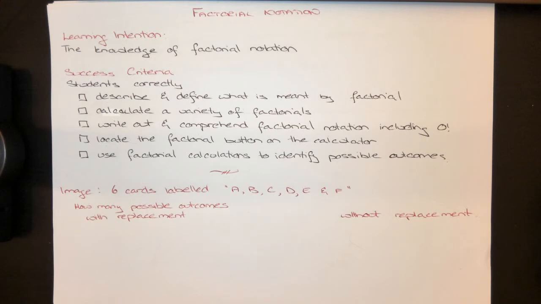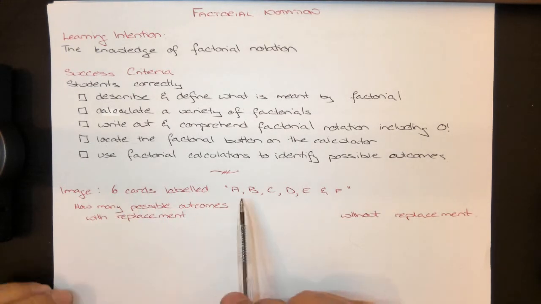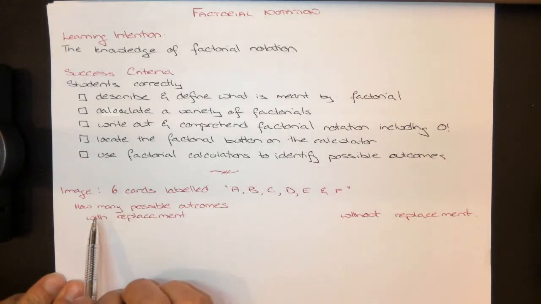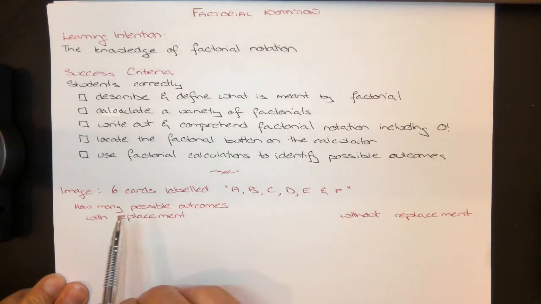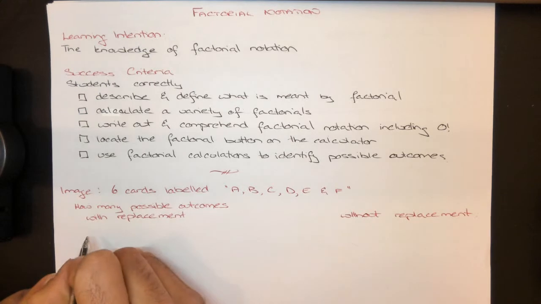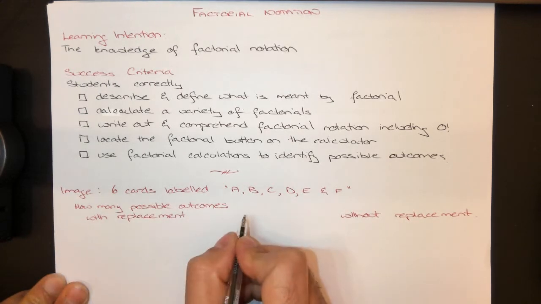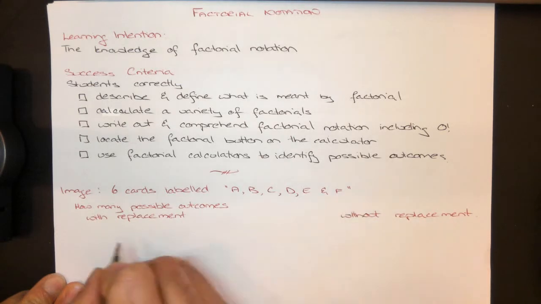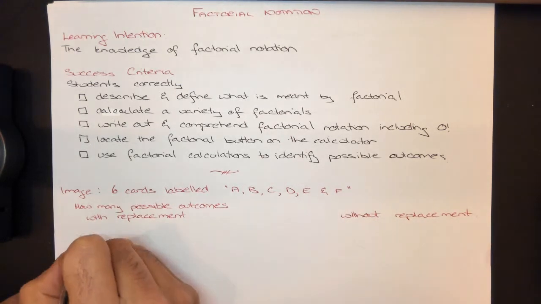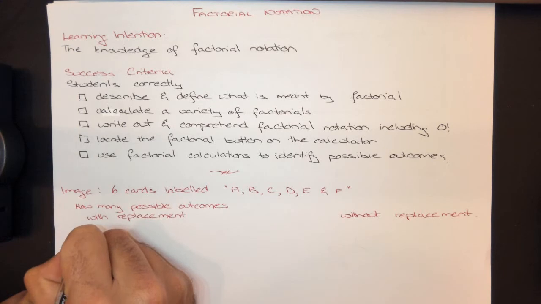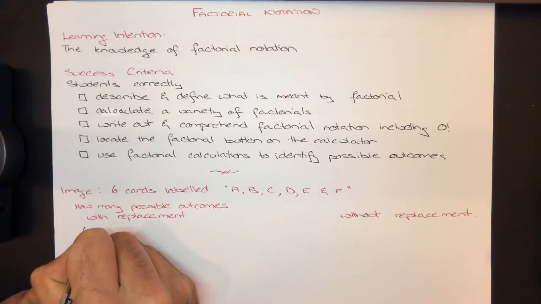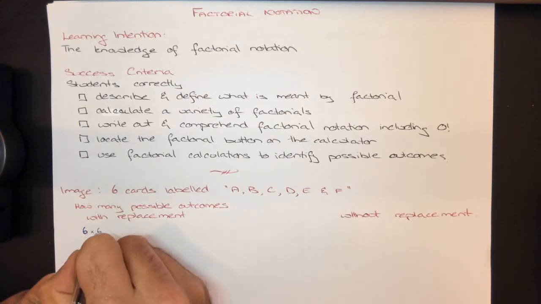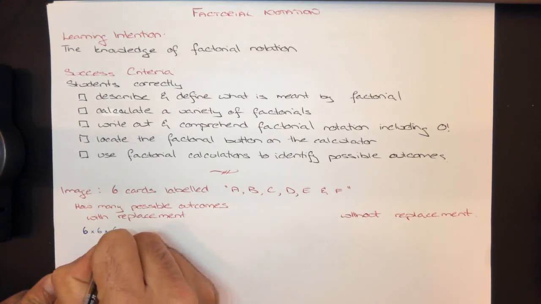Okay, so imagine that we have 6 cards, A, B, C, D, E, and F, and we want to find out how many possible outcomes with replacement. So if we place the cards back, if I could have A, B, C, D, E, and F in a row, and I keep placing them back, the possibilities will be 6 times 6 times 6 and so on, so 6 to the power of 6.